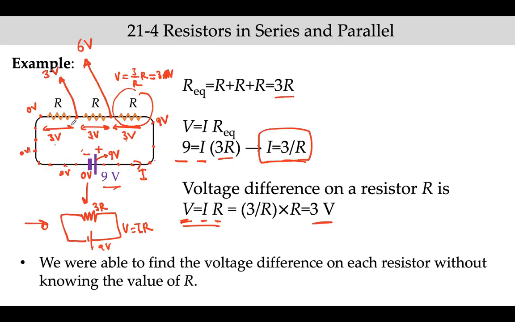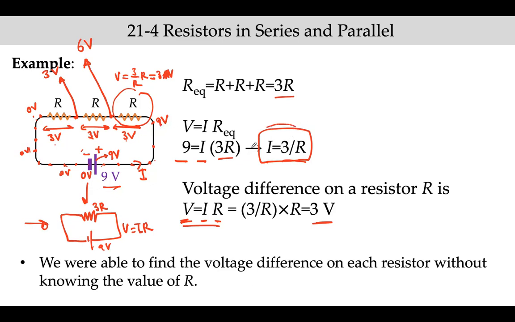So let me go back here. What changes is 9 volts, 6 volts, 3 volts, 0 volts. And here it becomes 9 volts again after the battery, 6 volts, 3 volts, 0 volts. So what's changing in a series connection as we go over the circuit elements, in this case the resistors, is the voltage.